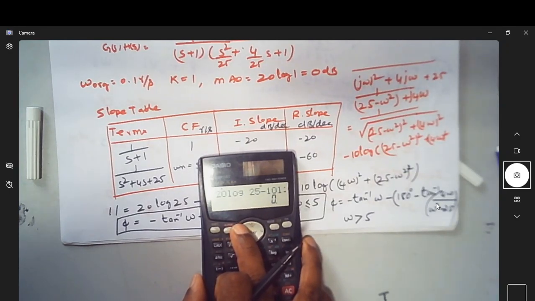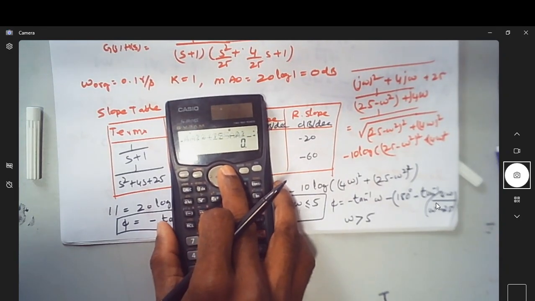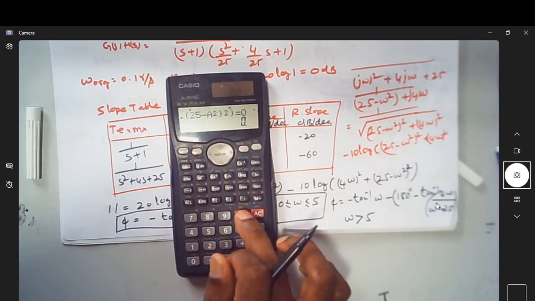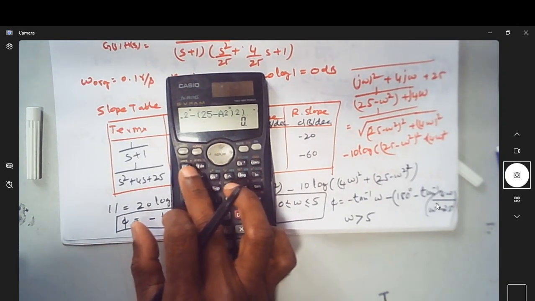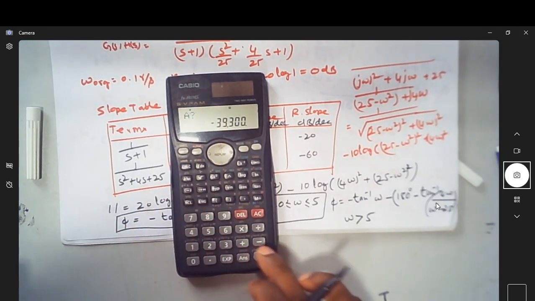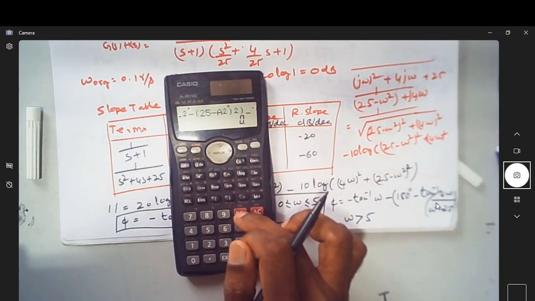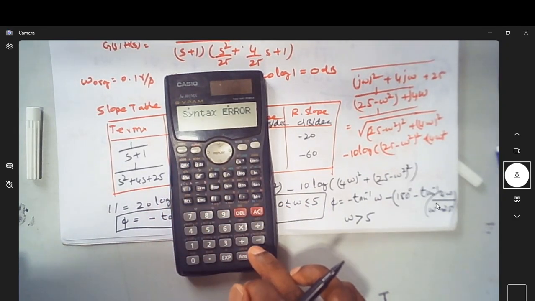This is 20 log 25 minus 10 log so and so minus 10 log. Okay, now don't panic. Let me make this 0 and then calculate for 0.01, what is the magnitude. Oh, there is some math error. Maybe let me close one more parenthesis and calculate for that.